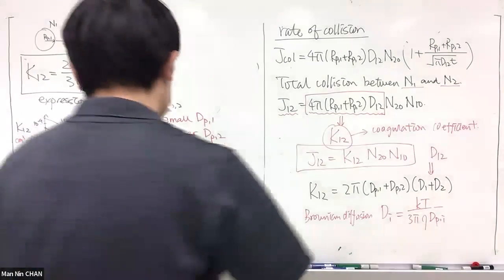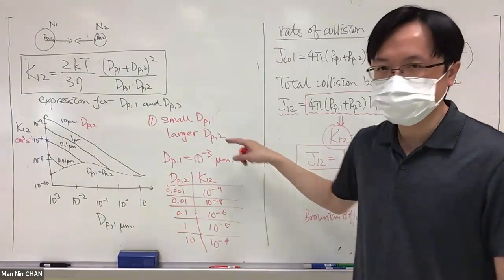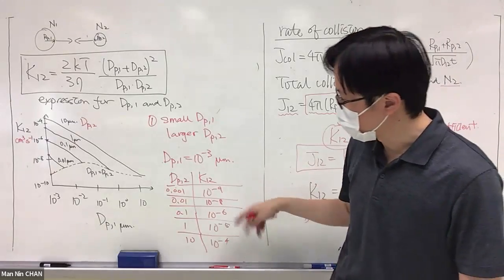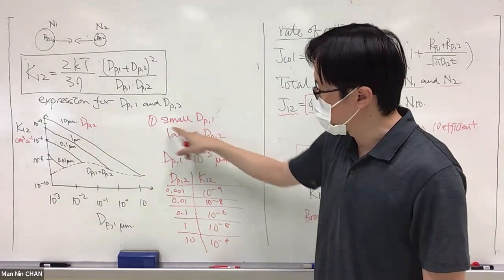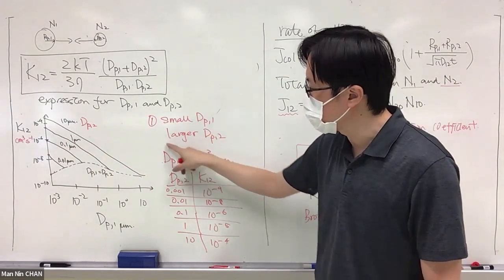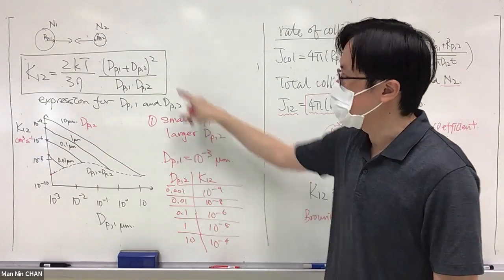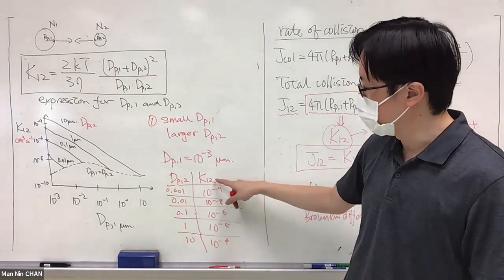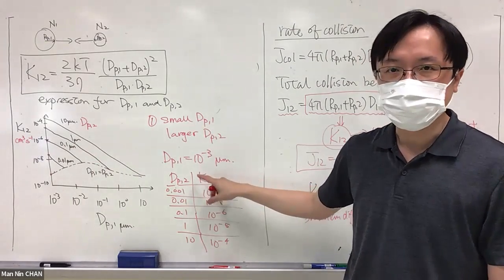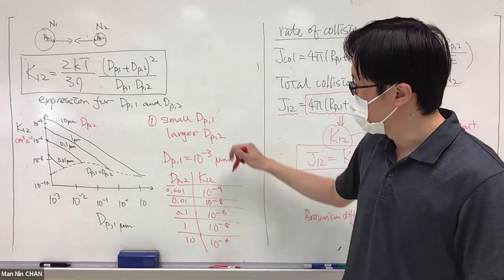One thing you can see from here, if you look at the trend, is that if I fix my size and then increase the size of the other particle, say now this is your dp2, what happened to your correlation coefficient value?